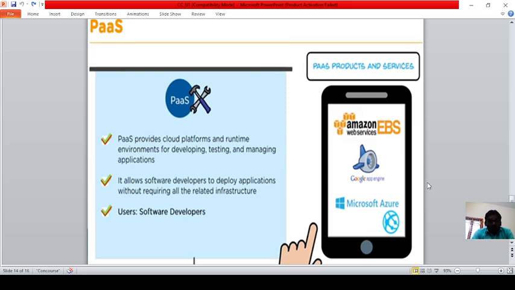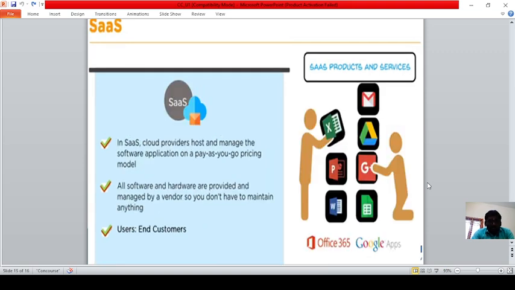Another one is software as a service. In software as a service, the cloud provider hosts and manages the software applications on a pay-as-you-go pricing model. Based on the pay-as-you-go pricing model, we are using the software as a service. For that, you don't have to maintain any infrastructure, hardware components, operating system, or anything. With just one client machine, we can access the services.